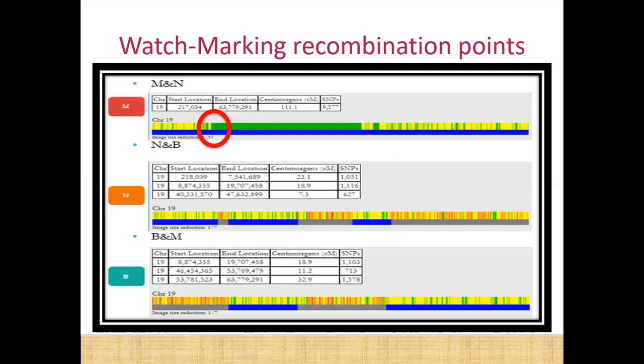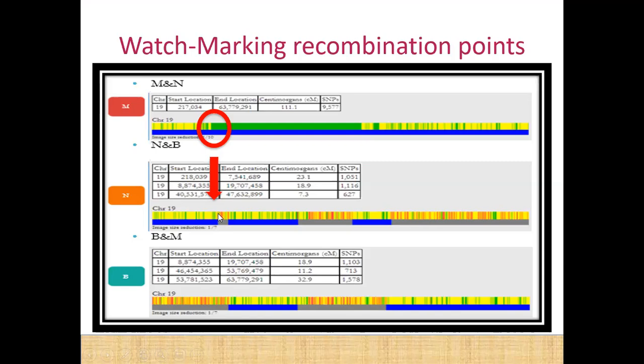Now when it comes to points of change, when marking recombination points, we need to know that they always come in pairs, but never in triplicate. So let's look for our second change. When we go down to the N and B comparison, or the comparison of sibling N with sibling B, we see that again they started with a half identical match, that yellow on the top and blue on the bottom.